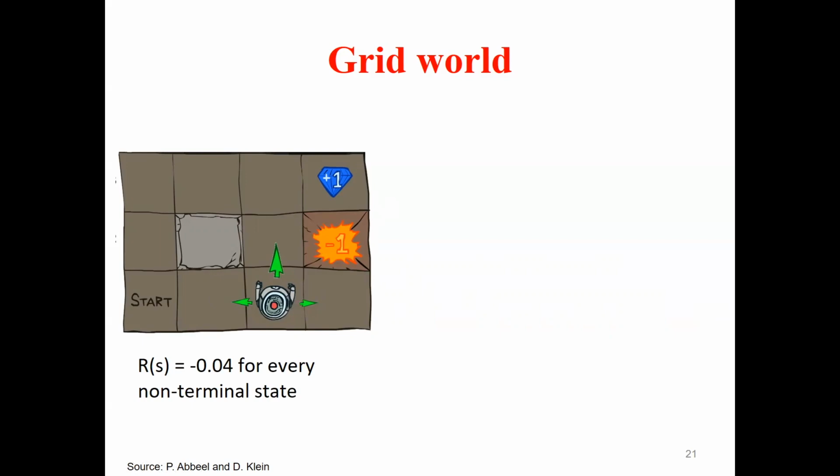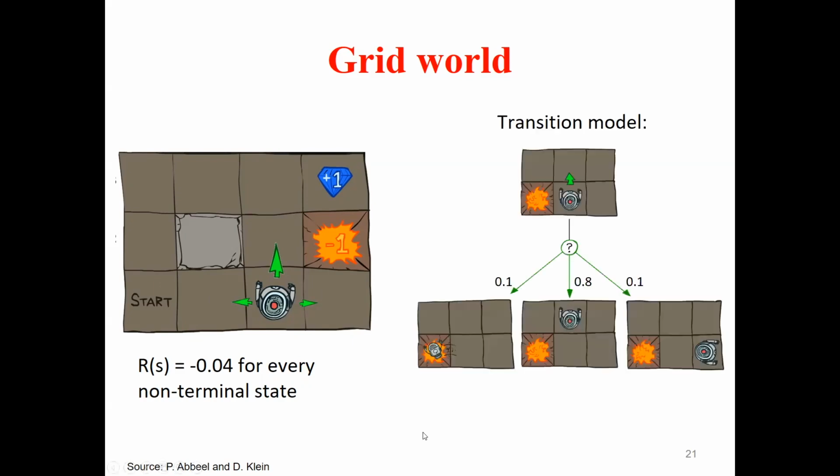Here, obviously, if I am switching to the wrong rooms, I should be penalized. So accordingly, we have a reward which is a small negative value, so that it keeps me on track. If this is the robot over here, and I try to take an action towards this room where there is fire, I will destroy it.